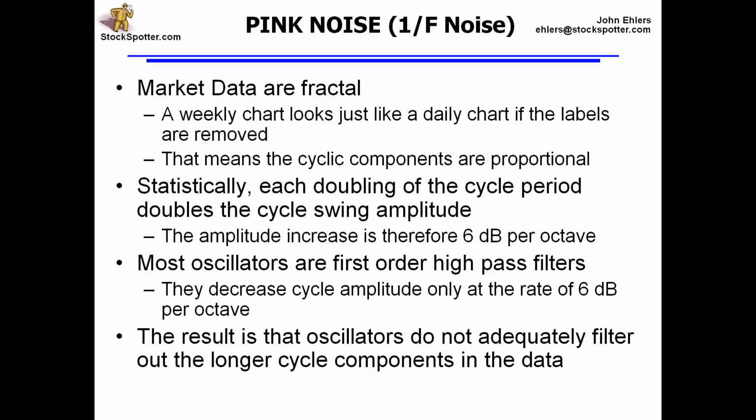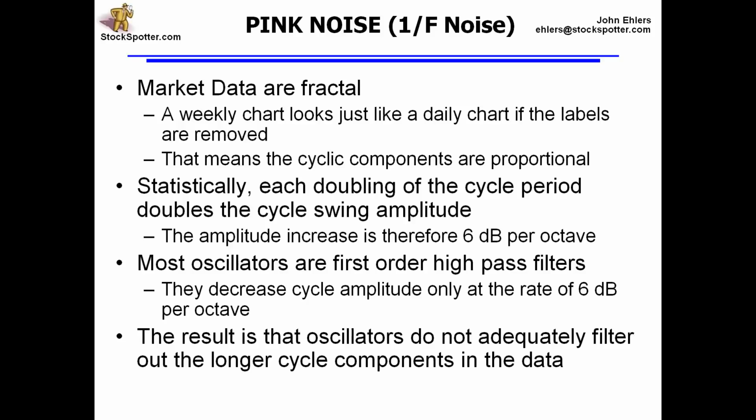But the oscillators that we use, stochastics or CCIs or RSIs, these are first order filters. That is, they have one difference in them. And so they smooth out the data at the rate of 6 dB per octave also.